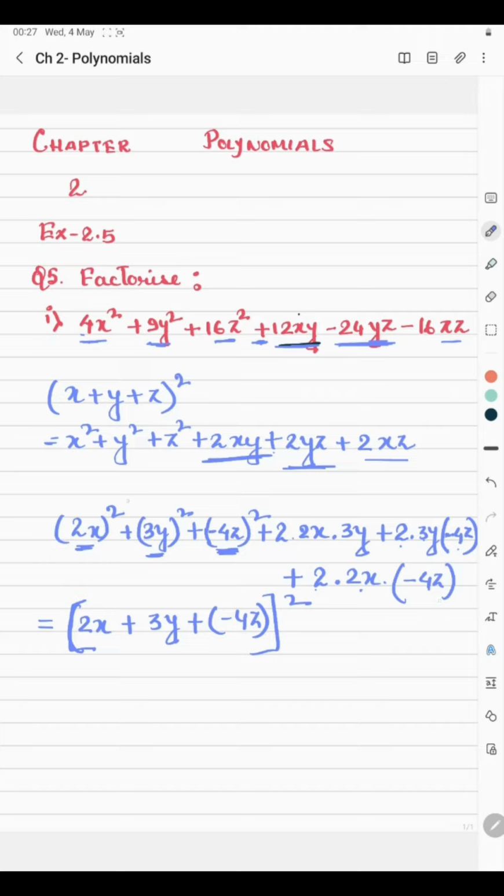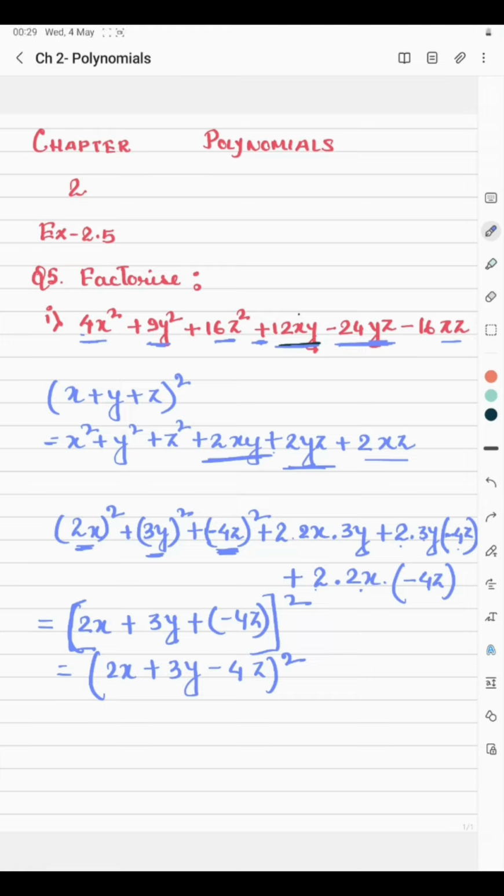So here we write 2x, which is the x we have considered, and then y, which is 3y, and z, which is minus 4z. So it's x plus y plus z whole square: 2x plus 3y minus 4z whole square.